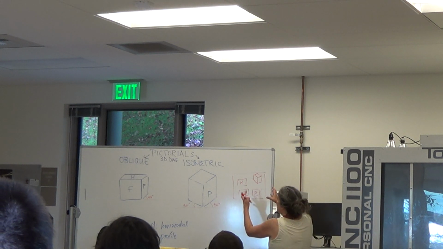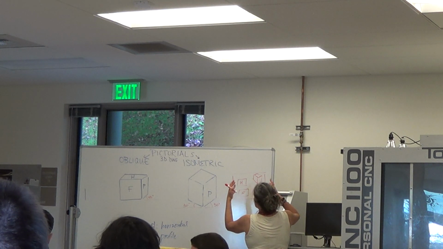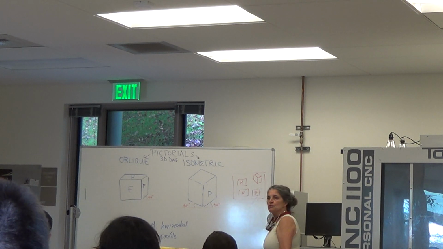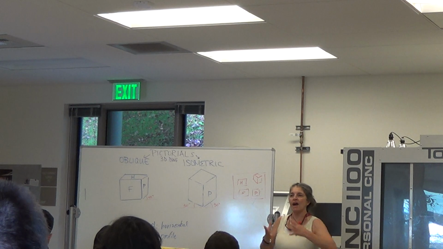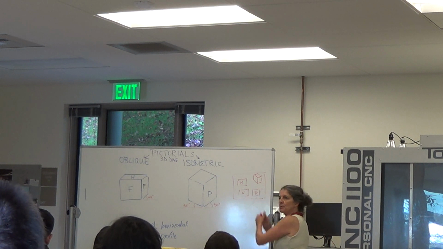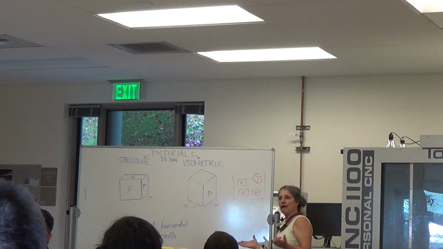Okay? This is a typical working drawing for one part. So if you as an engineer design something that has 5 parts, how many of these would you have? 5.